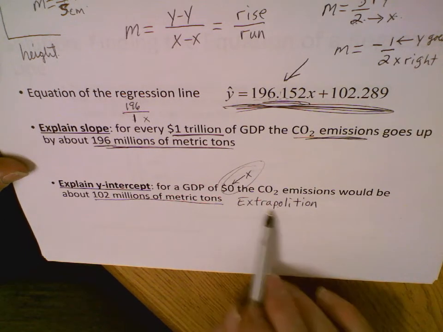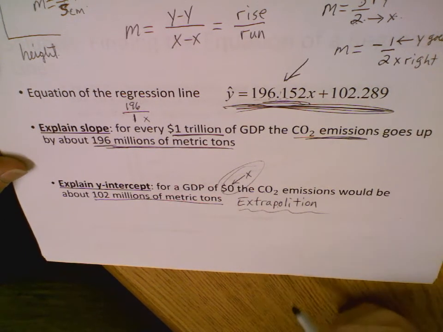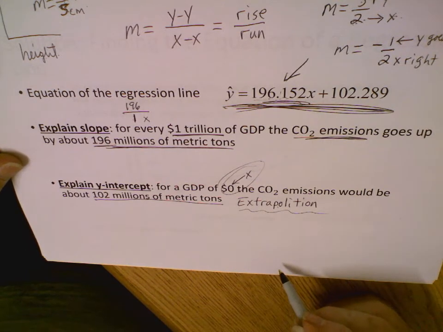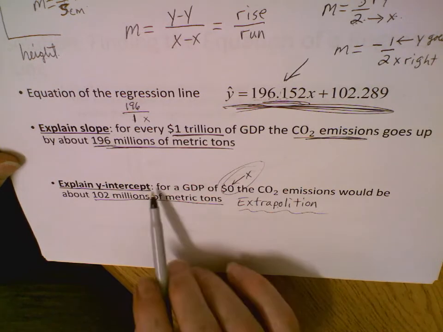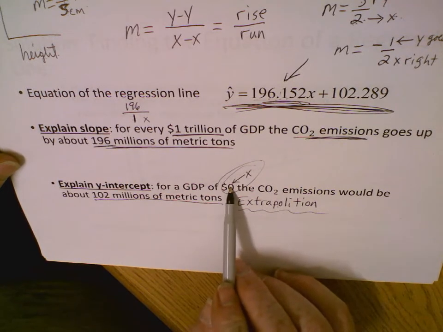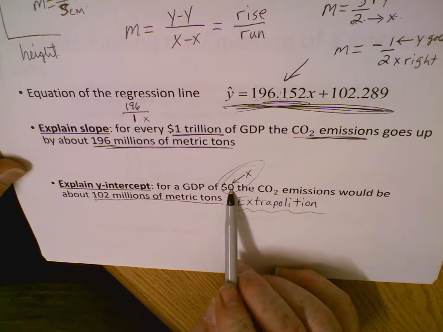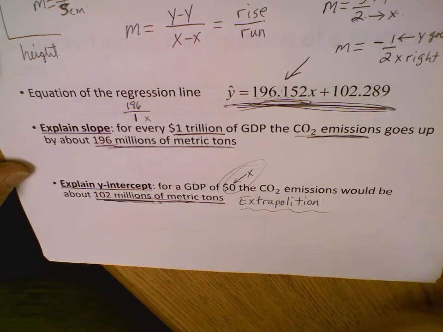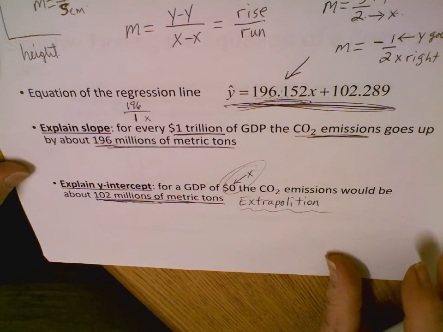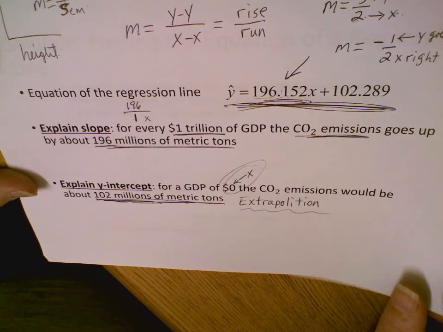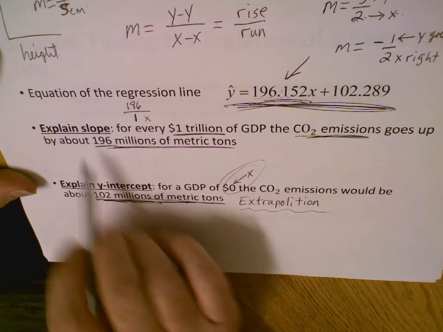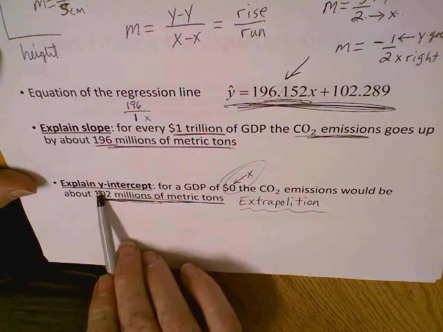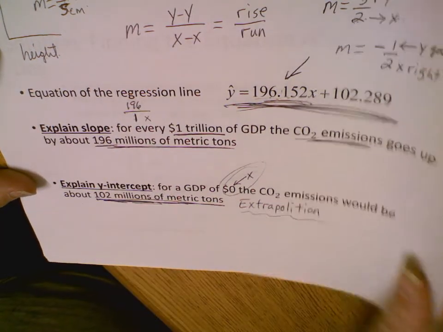A lot of times extrapolation doesn't make a whole lot of sense, and it's not a good way to predict something. Because if a country had a GDP of $0, well, their emissions probably aren't going to be 102 million metric tons. But to explain your slope and your y-intercept, that's what you do.